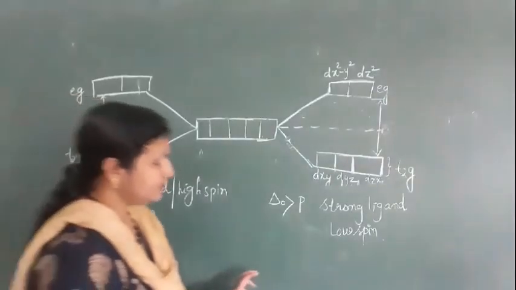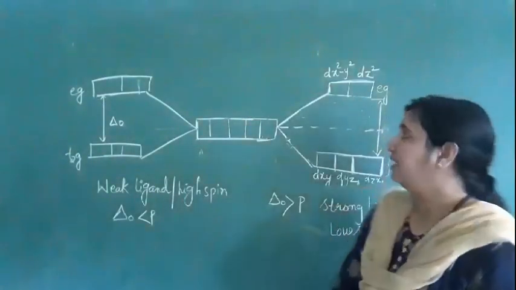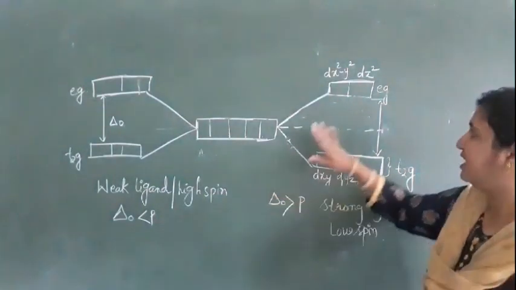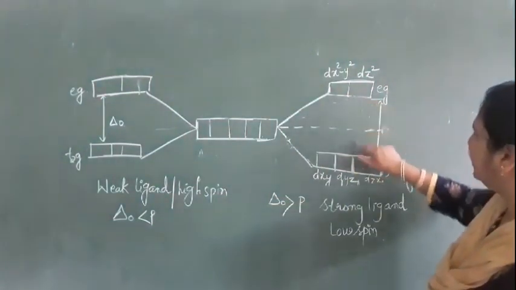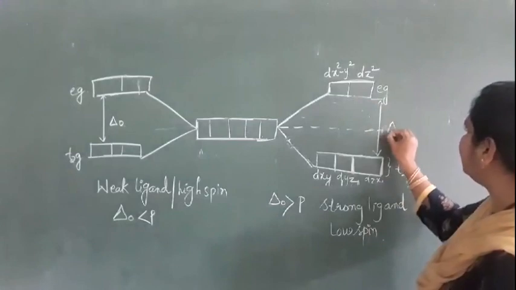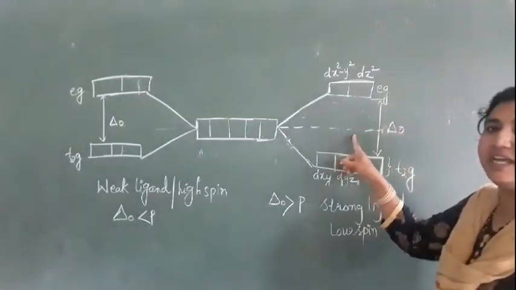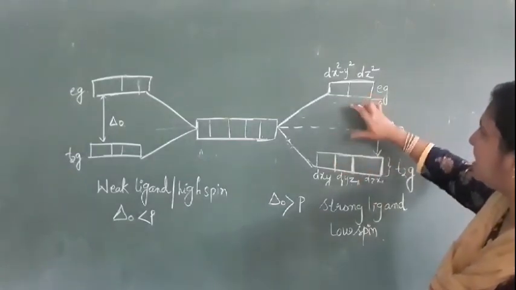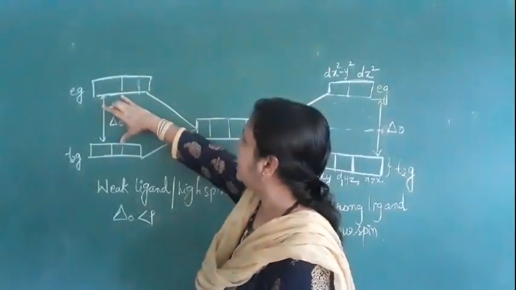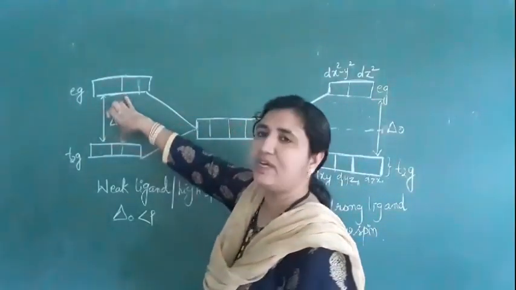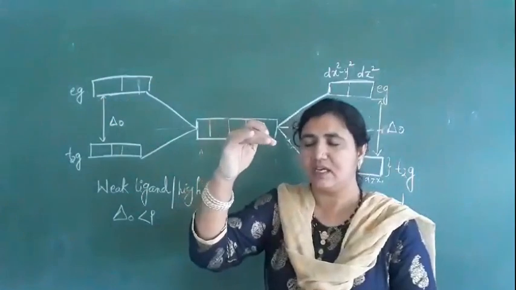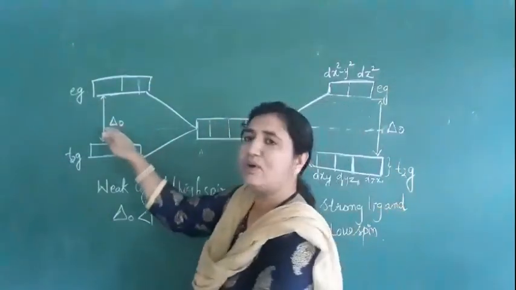See here, look at these 2 cases. Here we have the delta O value, the crystal field splitting. In this case it is high, look at the difference here. And here, if you see the delta O value, it is low. That means the splitting is high here and low here.